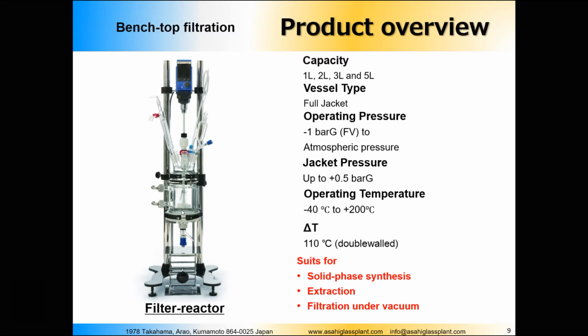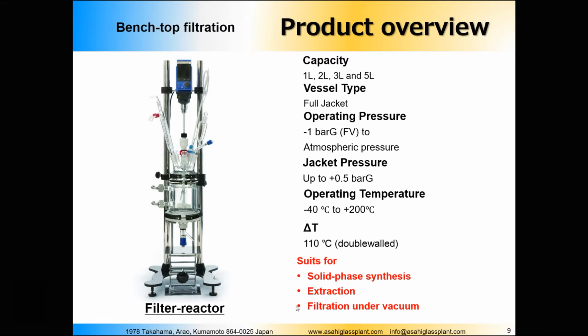After doing that for a certain period of time, you just simply filter everything, and the leaves will remain inside the vessel, and the extract you will get in your receiving flask. Great unit for a very standard application.